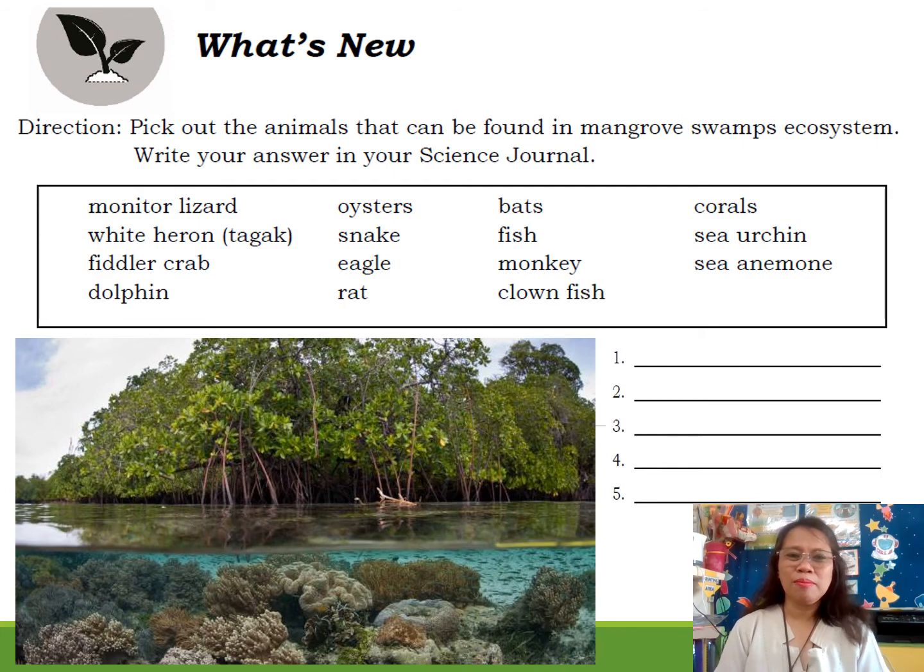Can you see monitor lizard, white heron, fiddler crab, dolphin, oysters, snake, eagle, rat, bats, fish, monkey, clownfish, corals, sea urchin, sea anemone. Only 5 should you write. Okay. Yes, only 5.